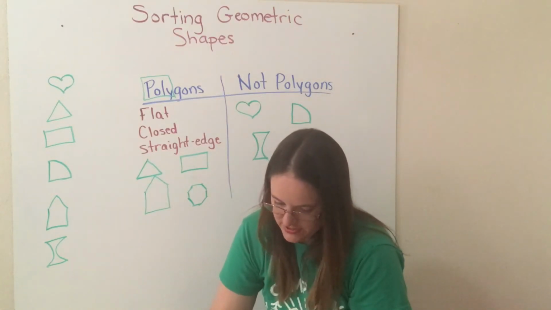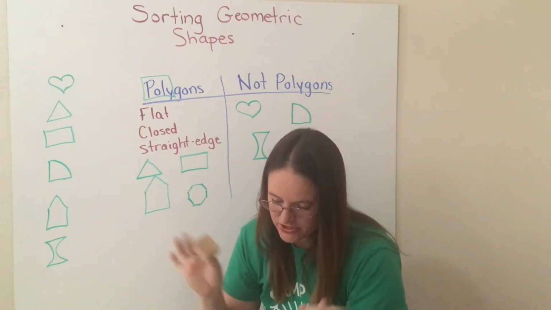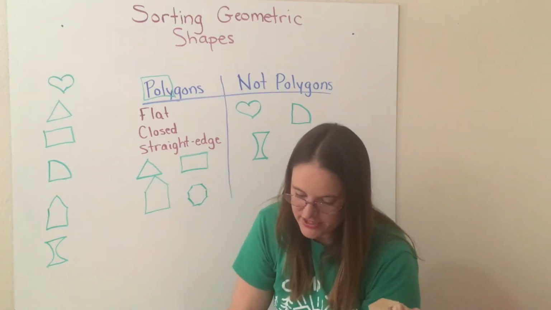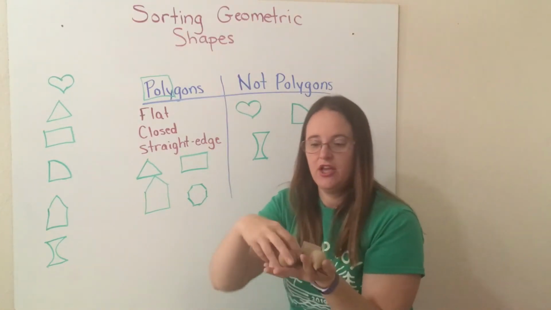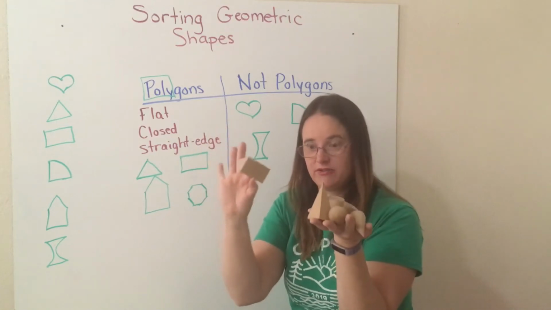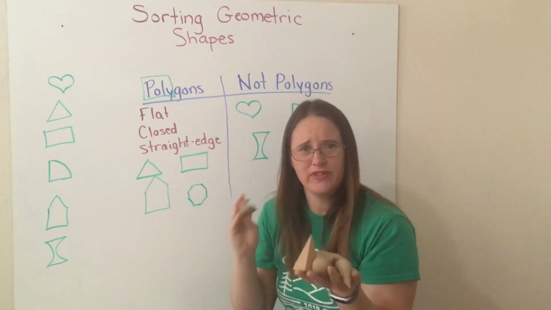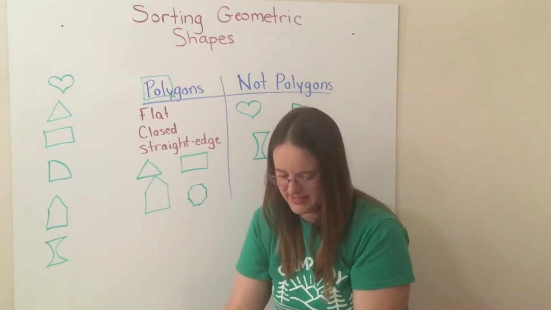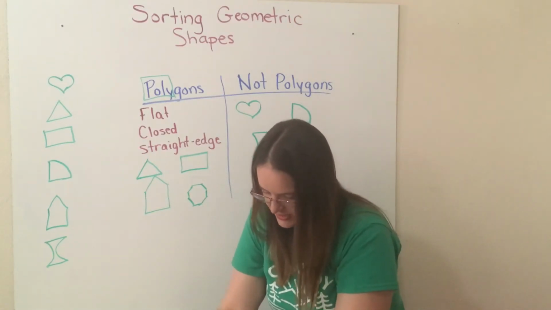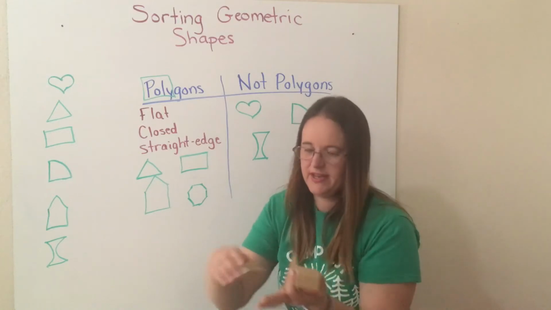So this question says these 3-dimensional figures are sorted into 2 groups. So I'm going to show you the groups that they're sorted into, and then we have to come up with what was the rule that the person used in order to sort these into 2 groups. So here is group number 1.